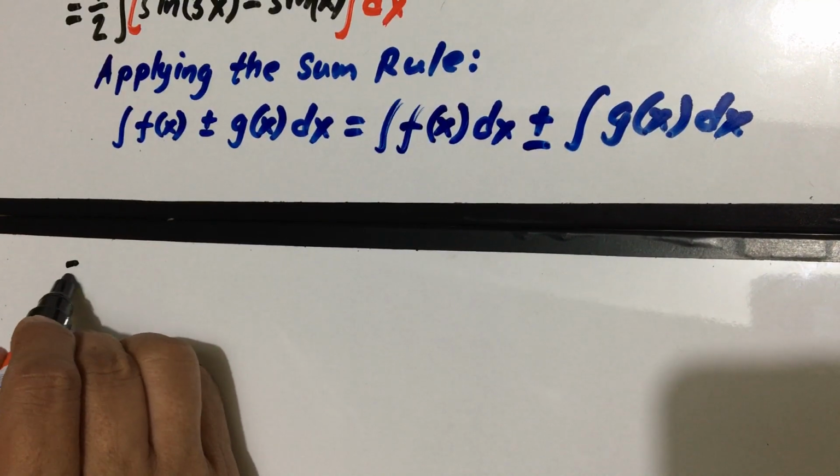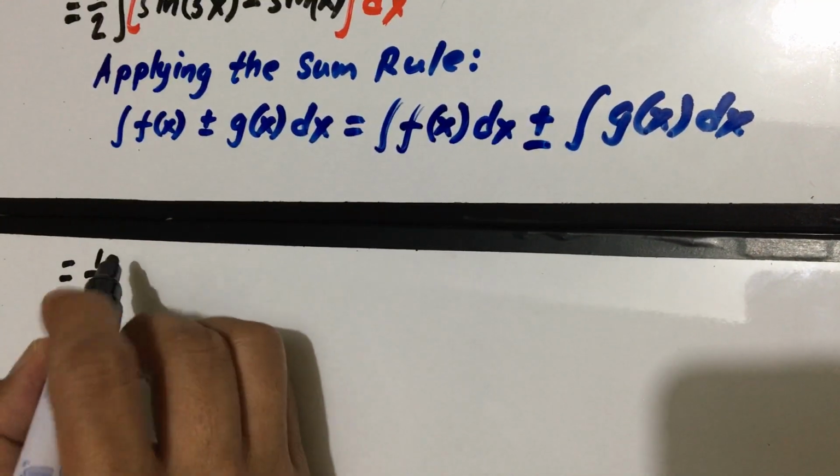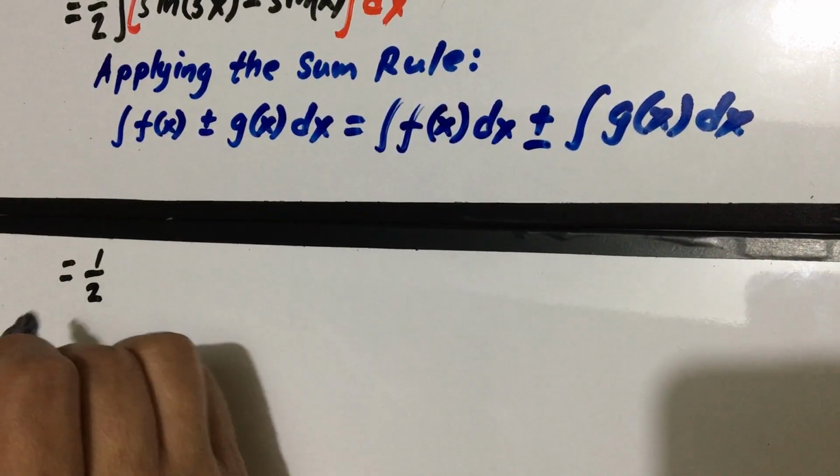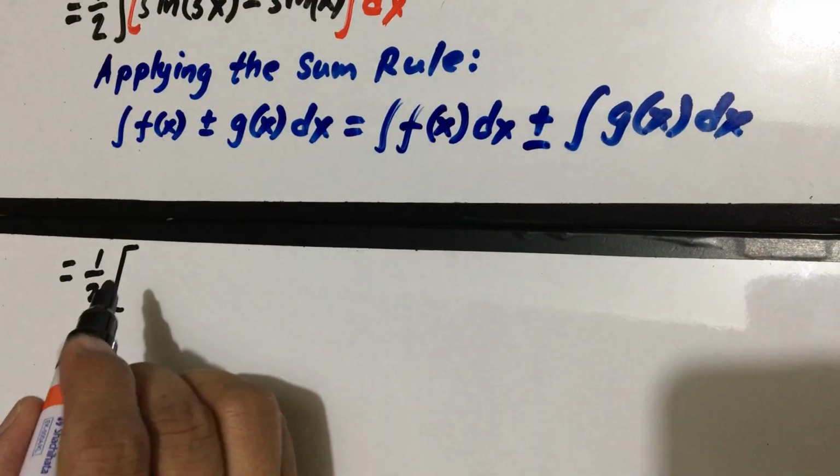So this is equal to 1/2 times the integral. Take note, 1/2 here is to be multiplied to each term.